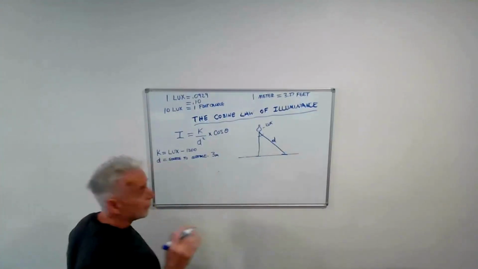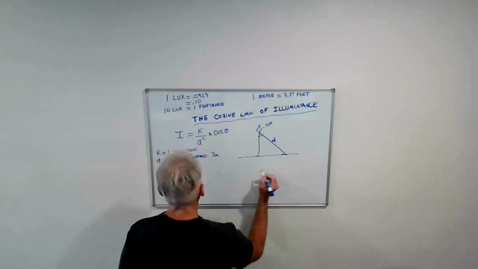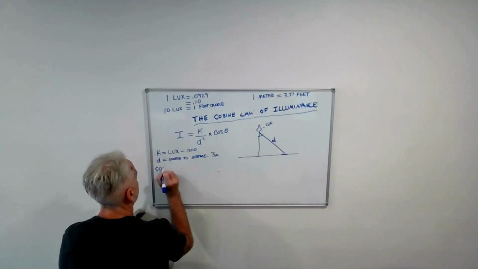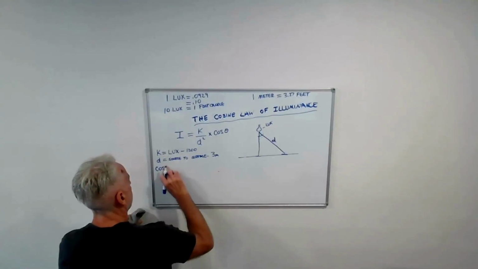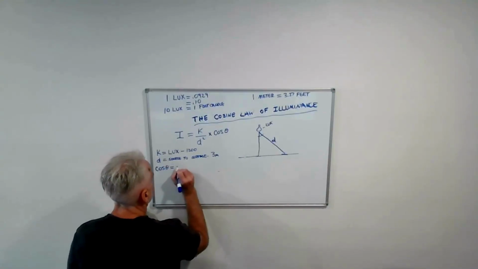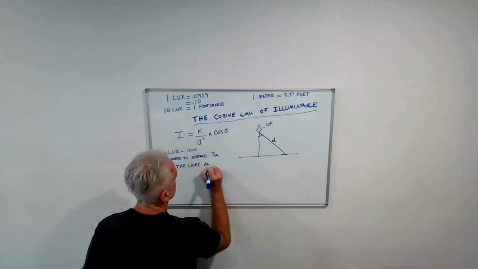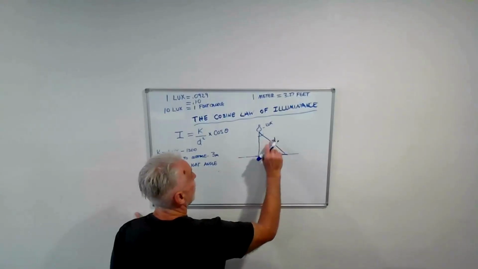We're going to use the Pythagorean theorem. Most of us have used this quite a bit for various things. Let me get this written in over here. Cosine, the light angle. We want to find the distance.